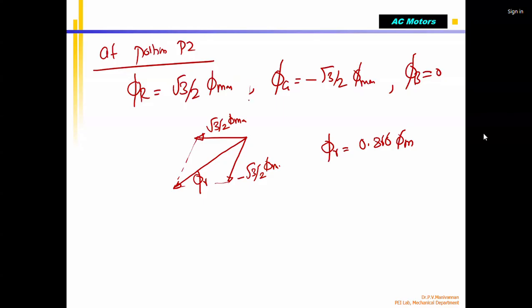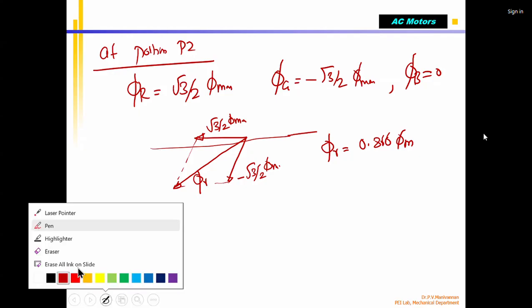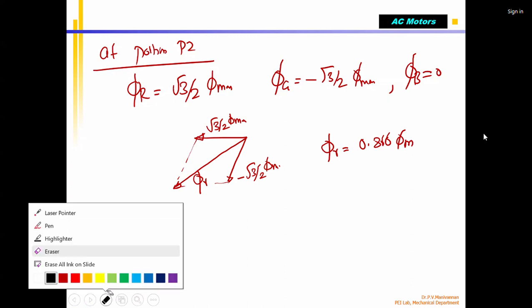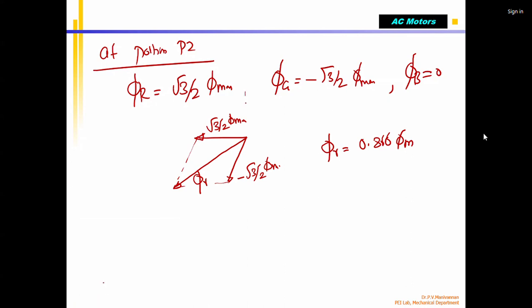But you can see that the resultant vector, if I draw the 360 degree, X and Y axis.